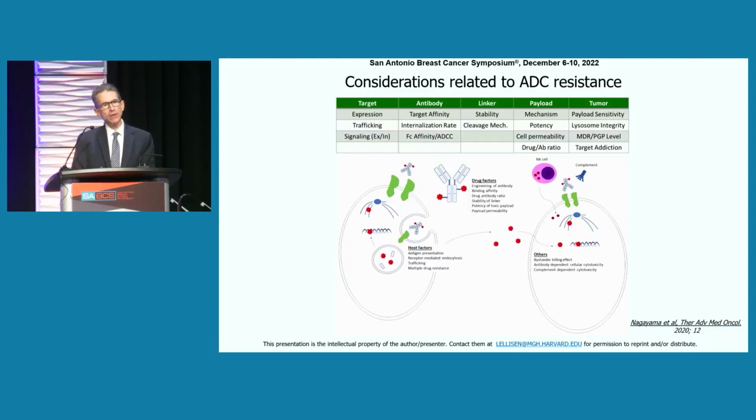And critical not only for processing, as we traditionally think about release of the payload, but also for other functions related to ADCs, namely those which occur extracellularly: ADCC, antibody-dependent cellular cytotoxicity, and antibody-dependent phagocytosis. Clearly, if we just want internalization and payload processing and release, we want rapid internalization. If we think that there could be a beneficial ADCC effect, perhaps we don't want immediate and rapid internalization.